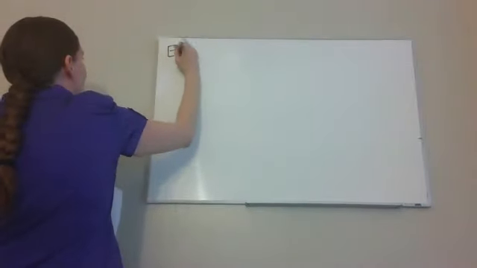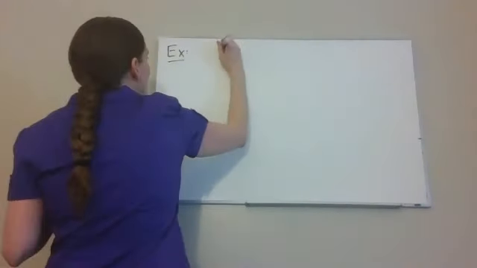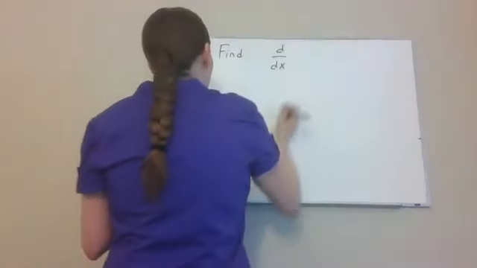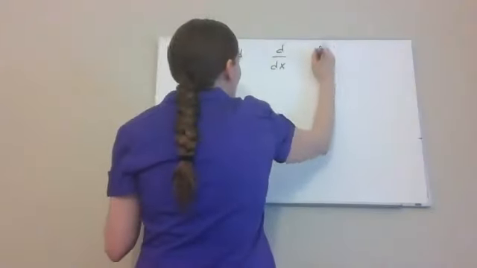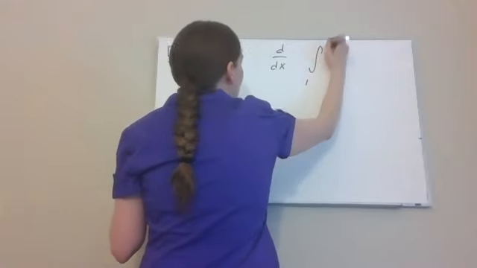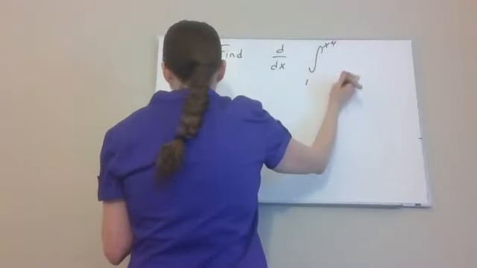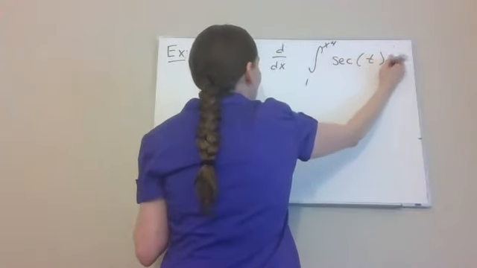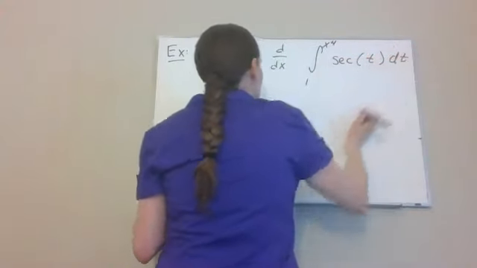First example, let's find the derivative with respect to x of the integral from 1 to x to the 4th of secant of t dt.